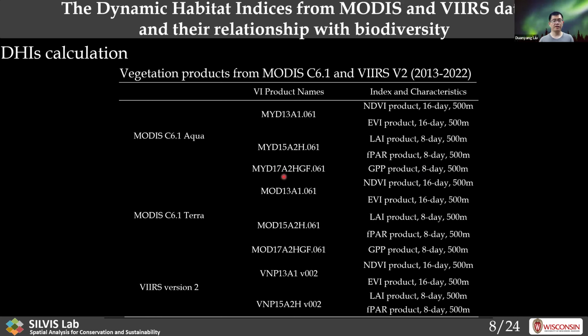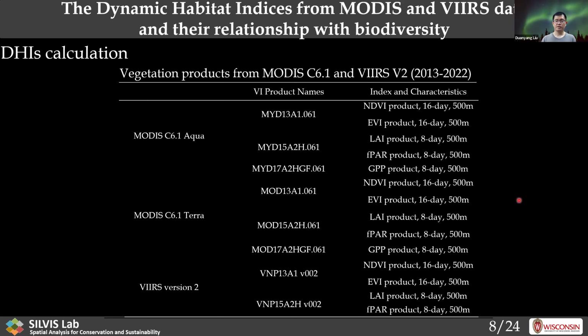And notably, I used the 5 vegetation products here to calculate the DHI, because a single product such as only the NDVI can only capture 1 dimension of vegetation dynamics, like vegetation greenness, but may fail to represent the structural attributes like biomass, photosynthesis activity, and so on.